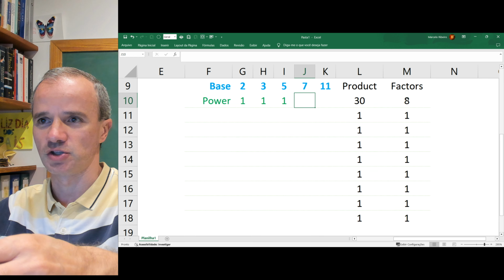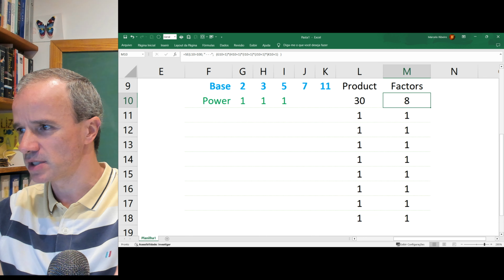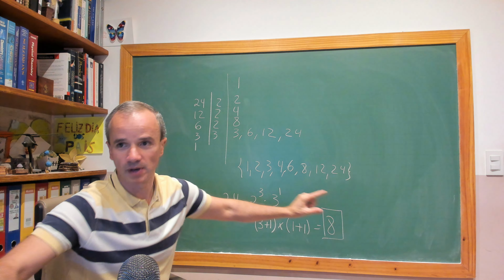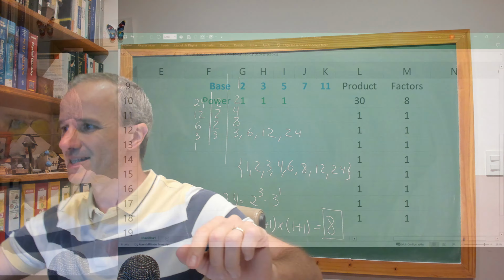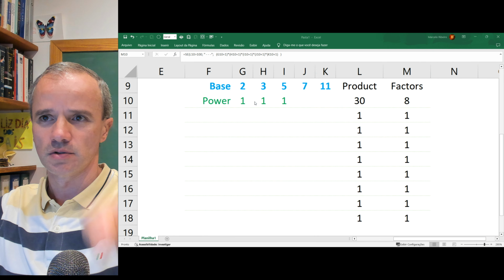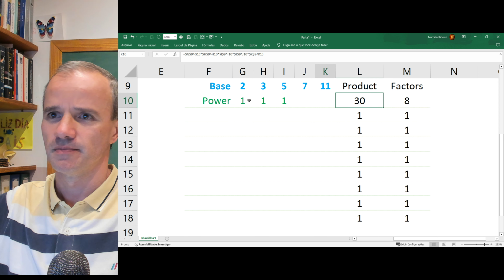And how many factors? Why 8? Remember the powers: you take the powers, add 1 and multiply. So 1 plus 1, 2, times 2, times 2, 8. Okay, just to explain.